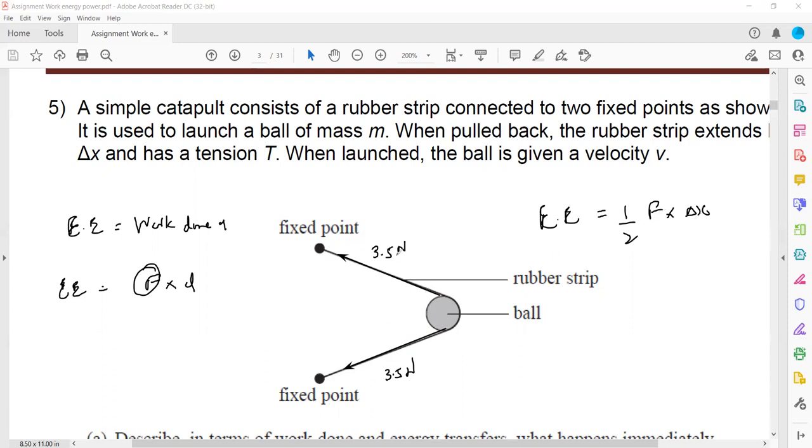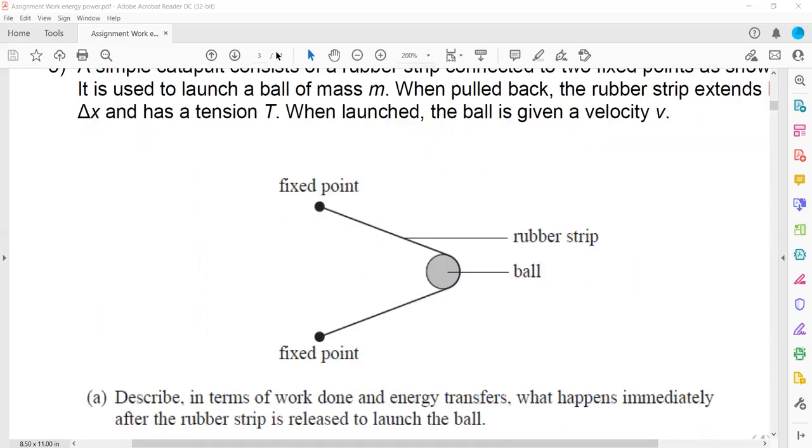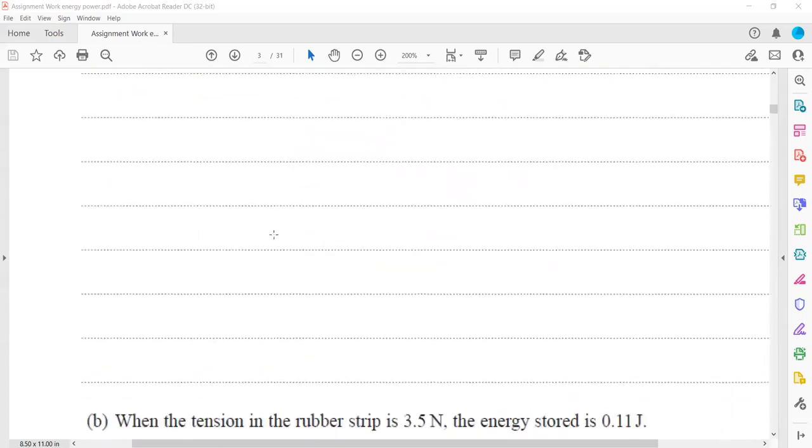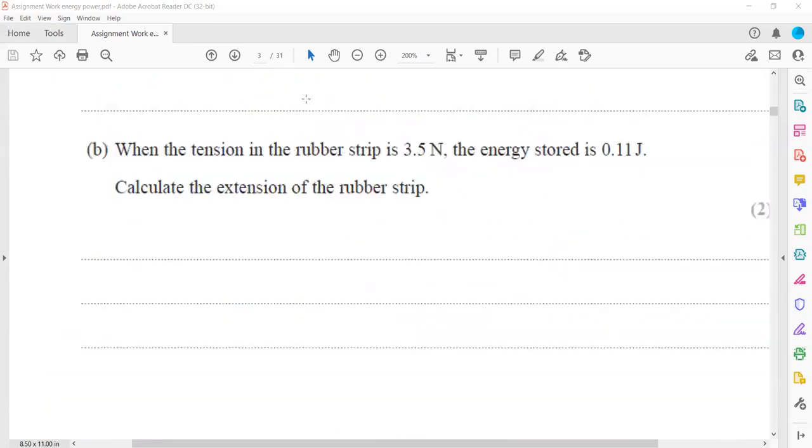Now what about the force acting on this? 3.5 Newton and 3.5 Newton. So the total force which is acting on the ball is 7 Newton.